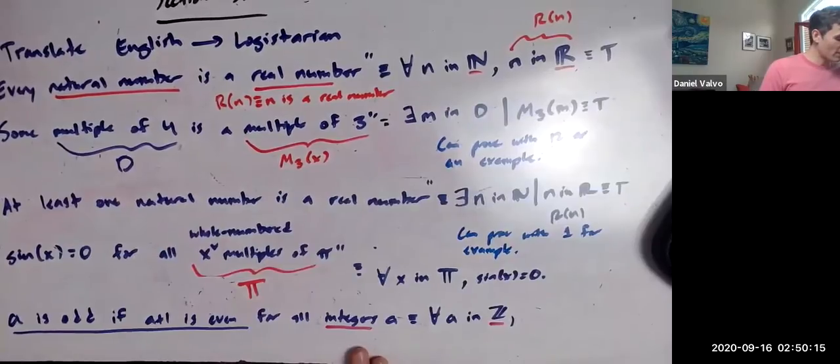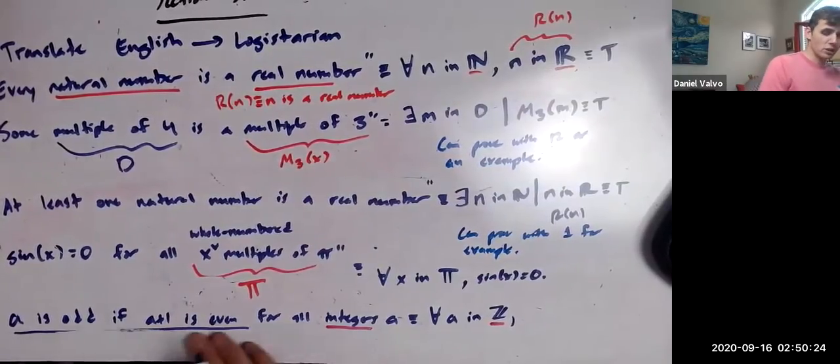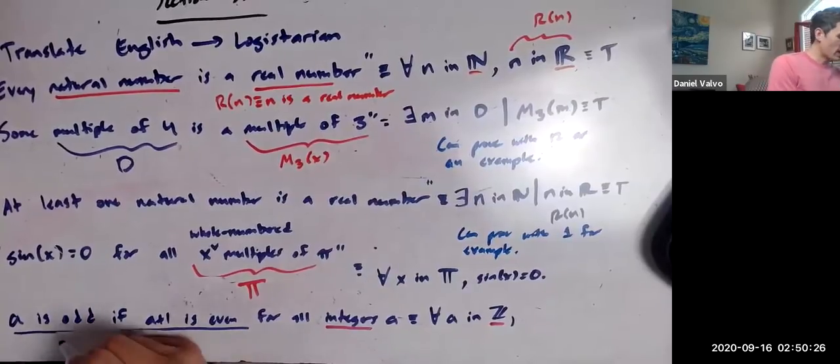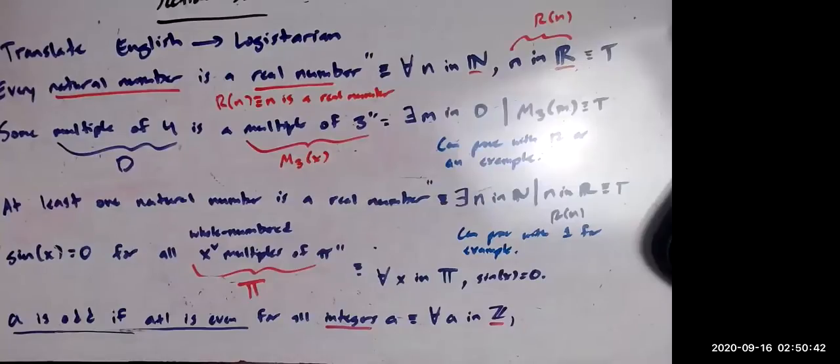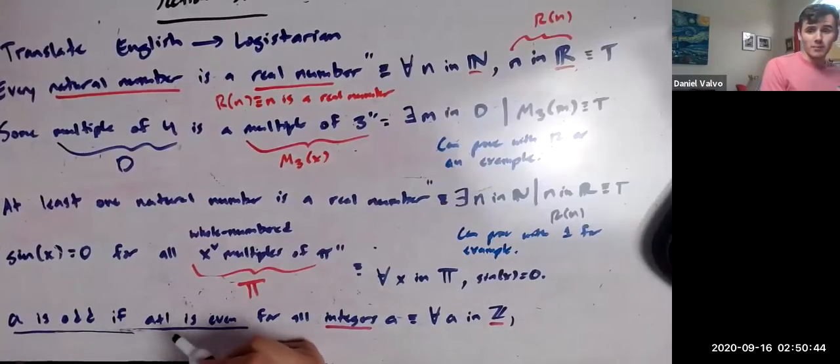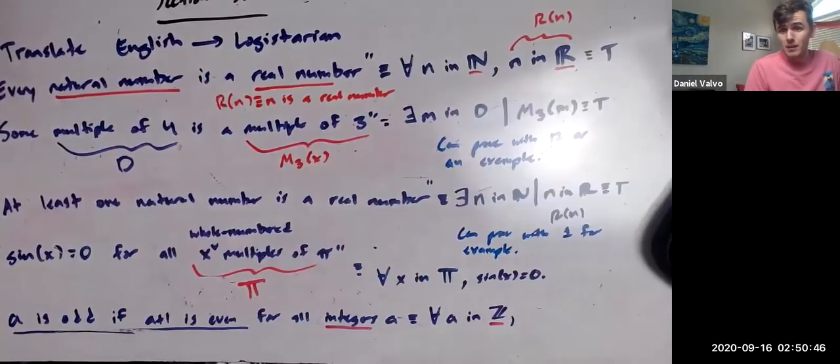But what I'm more getting at is that, remember, a predicate becomes a statement if you plug in a variable. If you plug this in for a here, this is clearly a predicate. But if you plug this in for a, what kind of statement do you get? It's a very special statement. If then, right? Right now it's a predicate, but if you plug anything in, you get an if then statement.